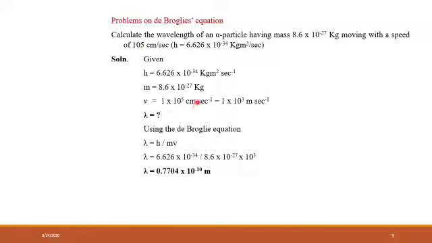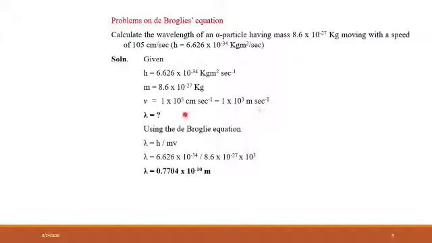This value is not in SI units, as compared to the two values which are given in SI units, so we have to convert it into meter per second. Converting centimeter into meter, we get the velocity as 1 into 10 raised to power 3 meter per second.